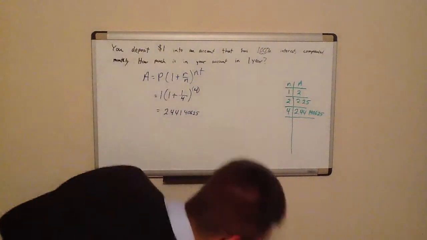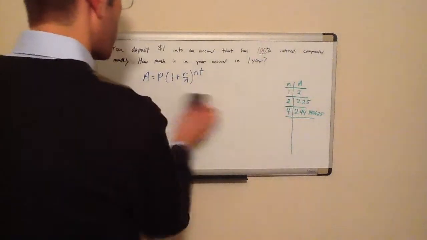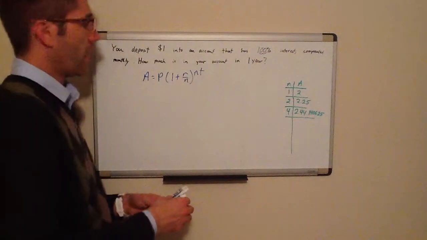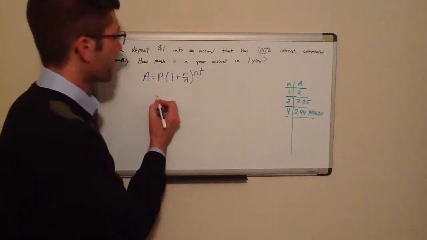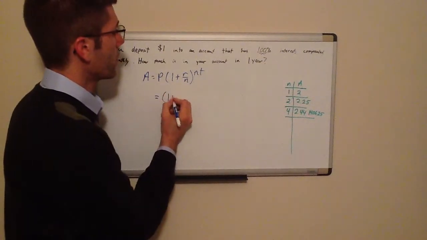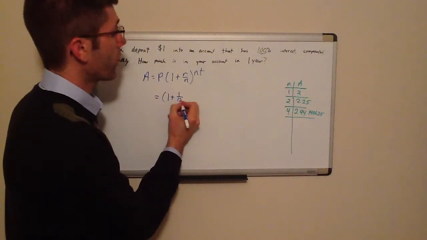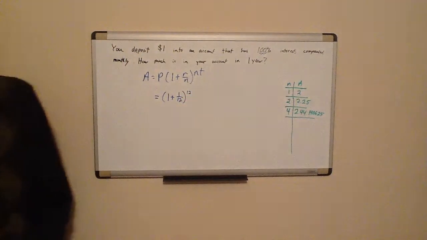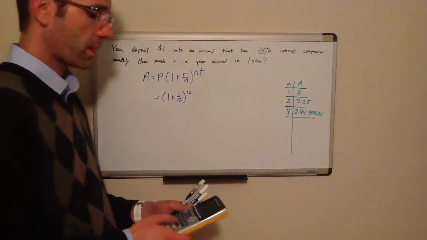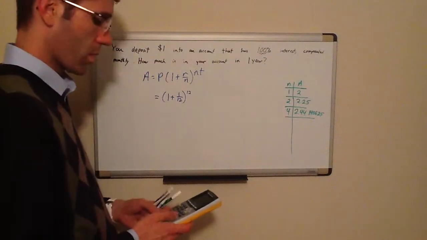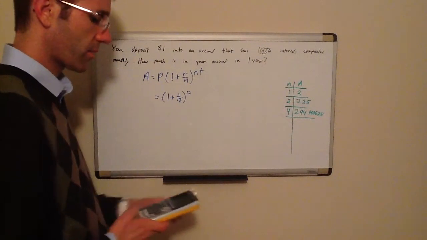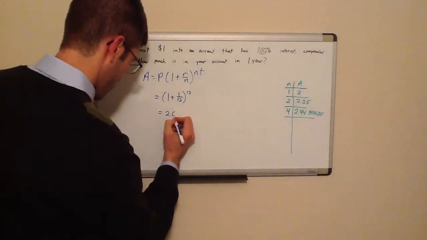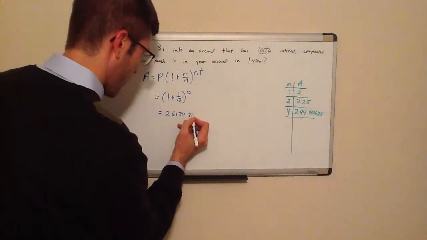Alright, let me get my eraser and erase some stuff here. Now again, p is 1, t is 1, r is 1, and that's going to help our calculation quite a bit. So I'm going to leave off p: 1 plus 1 over 12 to the 12 times 1, and we plug that into our calculator. 1 plus 1 over 12, raised to the 12th power, and we get 2.613035529.